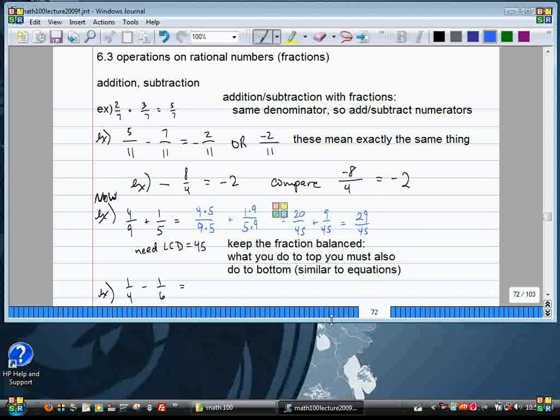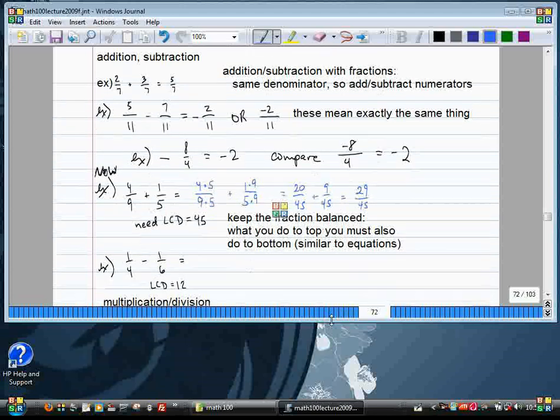What's the first number that both of them go into? Yeah, it's not 24, it's 12. Now, truthfully, when you're doing problems, if you use 24 or use 12, it doesn't really matter because you're going to reduce it anyway in the end. But if you're being asked what the LCD is, the LCD certainly is 12. 24 is extra stuff we don't need.